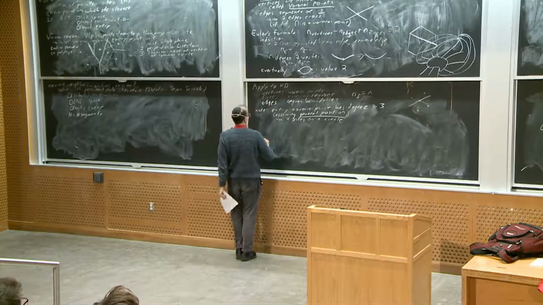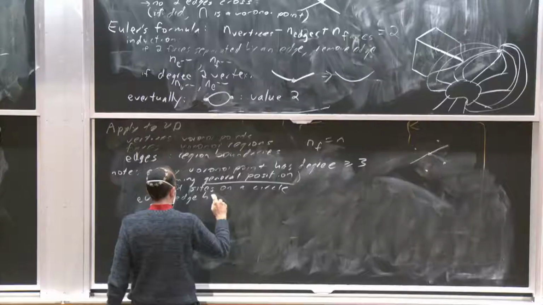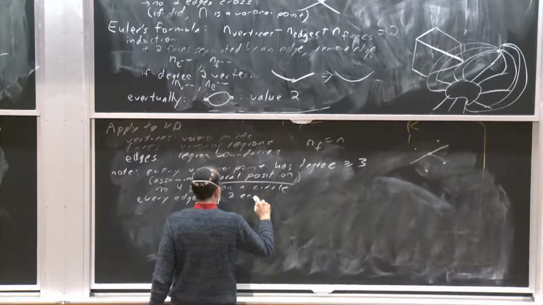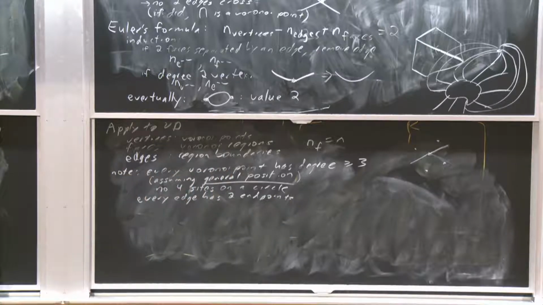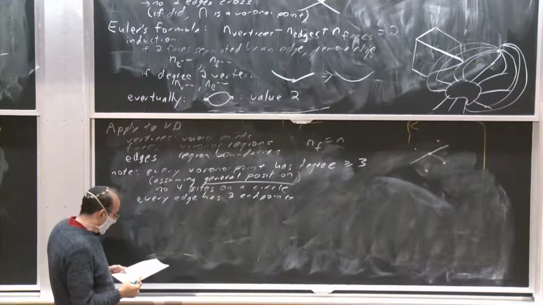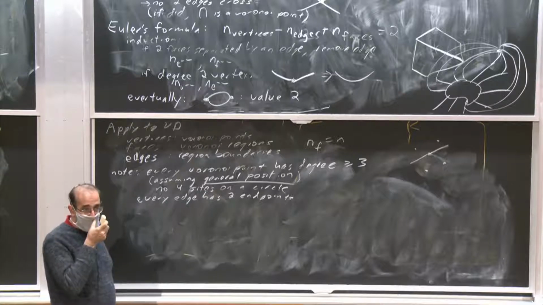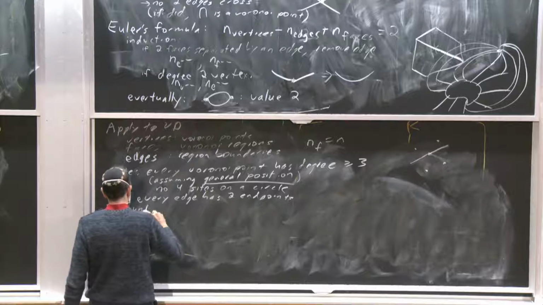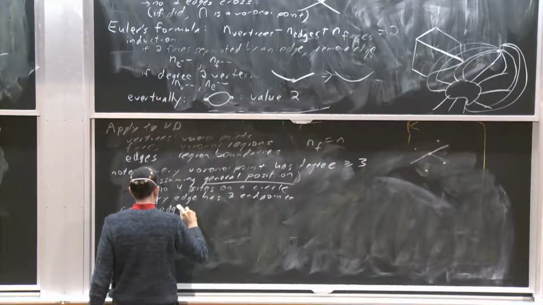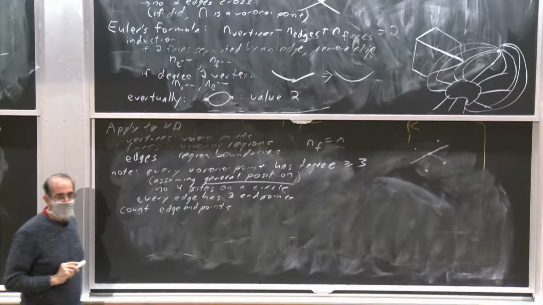Now, the other thing I'm going to notice is much more obvious. Every edge has two endpoints. So we're going to put these things together. One way, I'm going to count edge endpoints.